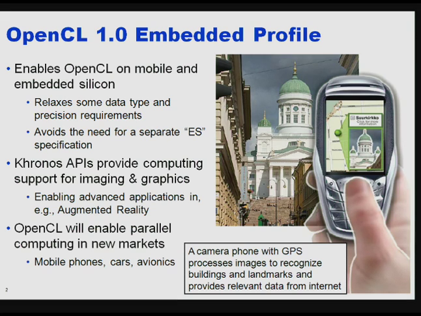There are some pieces that are optional or missing on the mobile version, but mostly it just relaxes the requirements of minimum required buffer sizes and so forth, and also the accuracy of the floating point operations.